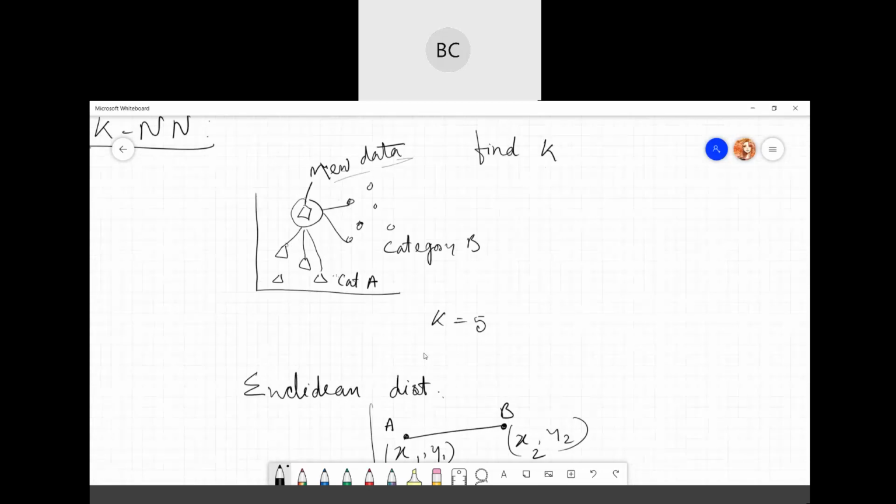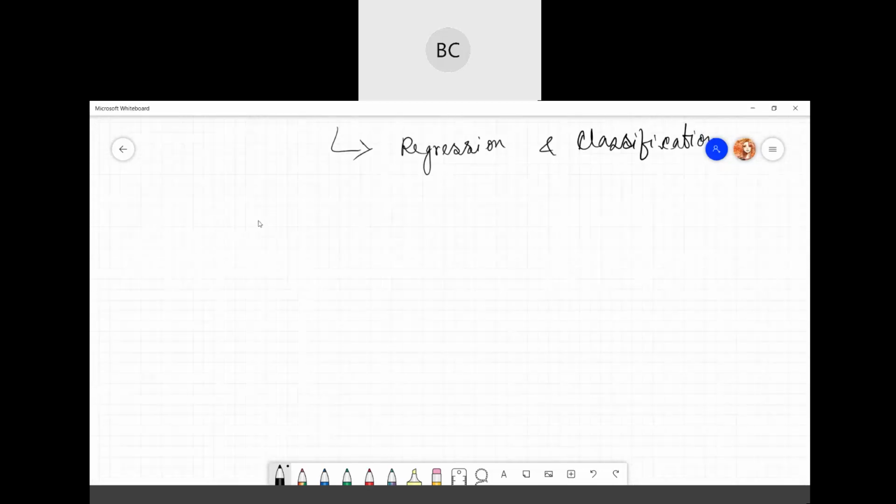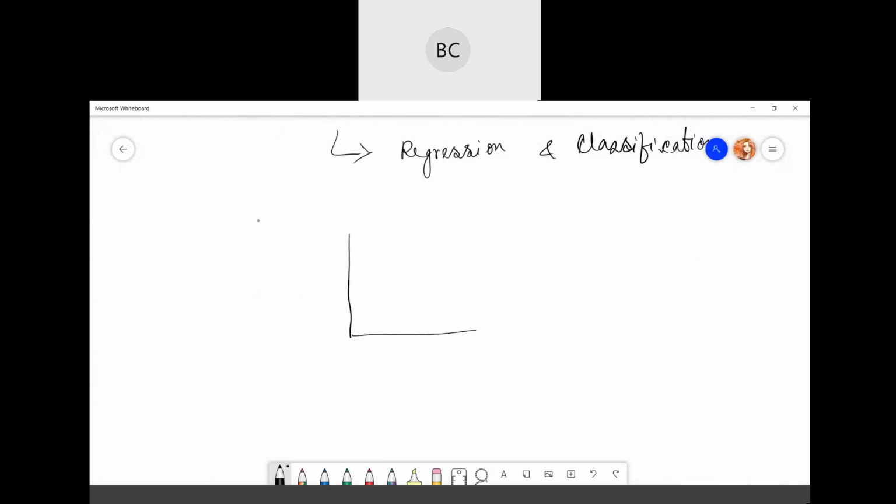Linearly separable means you can divide data points into two halves with a straight line. If you can divide two classes, or maybe there can be more classes, with a distinct line, then you can say it's linearly separable.